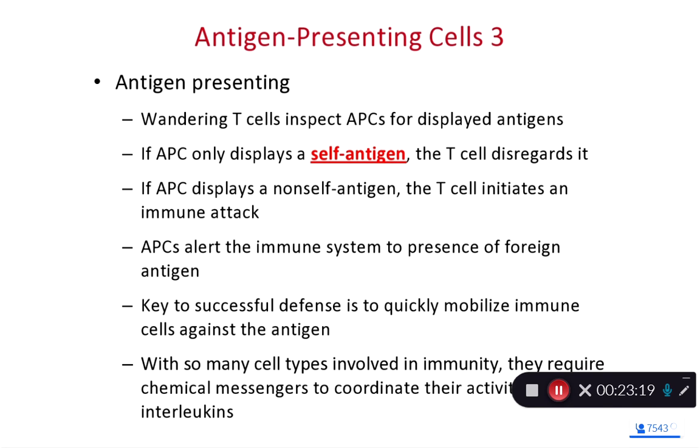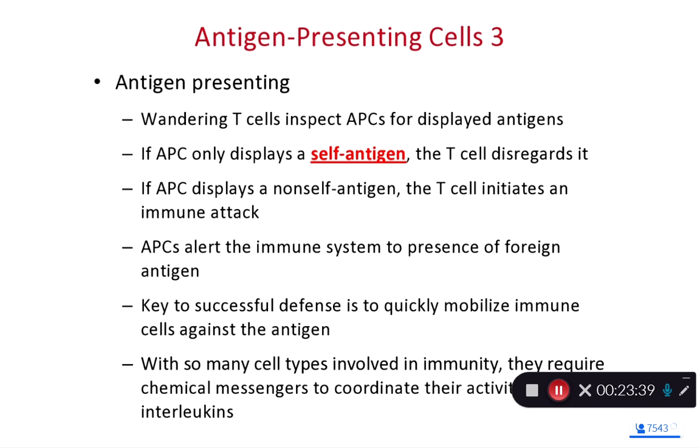So in our bodies, we'll have T lymphocytes wandering around, constantly inspecting antigen-presenting cells. And if it finds an antigen-presenting cell that only has a self-antigen, that T lymphocyte is going to ignore it.